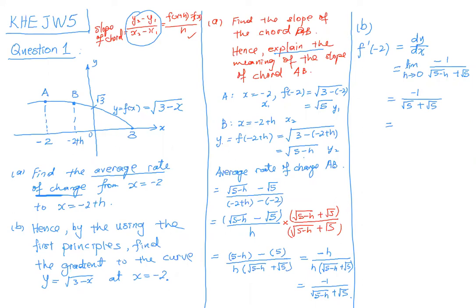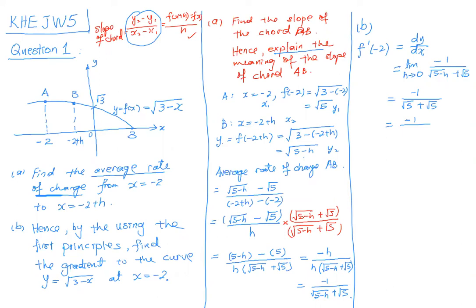Okay, I'm going to ask Edina. What is the final answer, Edina? Negative 1 divided by... Edina. Hello, Edina. If you don't answer me, I'm going to deduct marks for your SAT1.